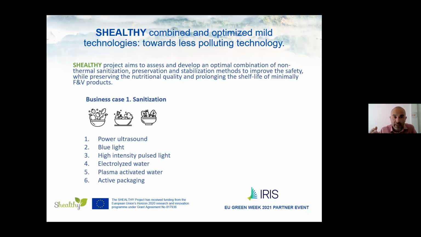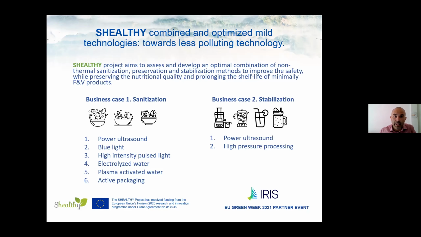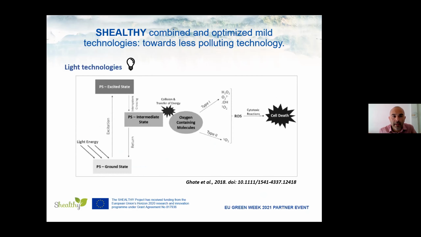But we also have a second business case, and we are looking for the stabilization of fruits and vegetables, juices, and smoothies. And for this, we are working with power ultrasound as well, and also high pressure processing. So we are going to talk about all these technologies one by one during this presentation.